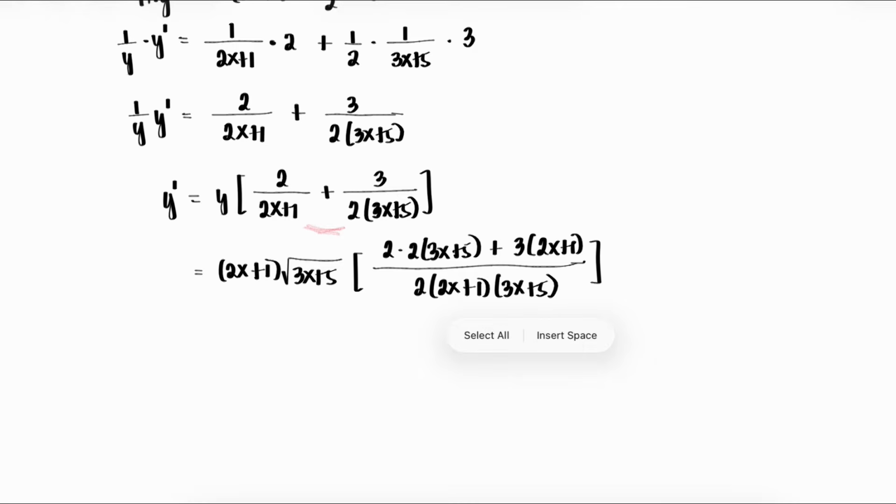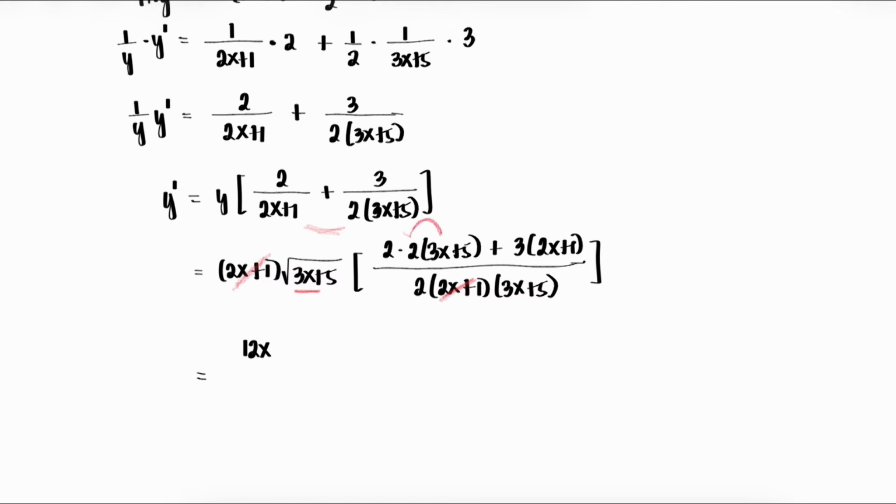Also, we can cancel 2x plus 1 right here. That can be cancelled. And we can combine the 3x plus 5's. Because the exponent in the denominator is greater, we can leave that in the denominator later on. Okay, so simplifying right here, we have 4 times 3, that's 12x.